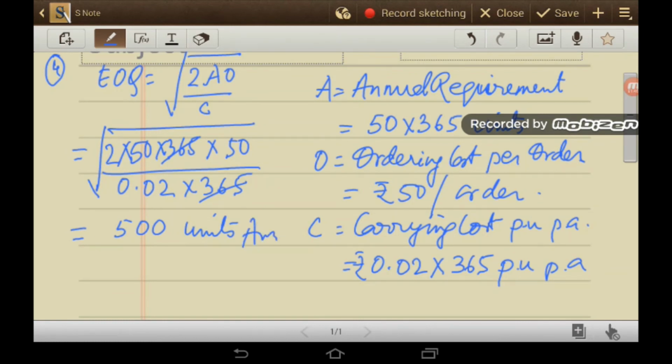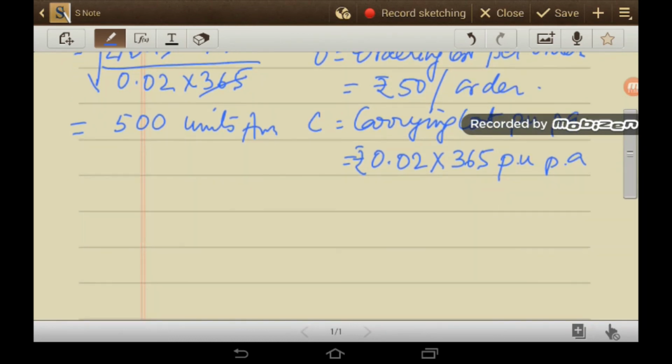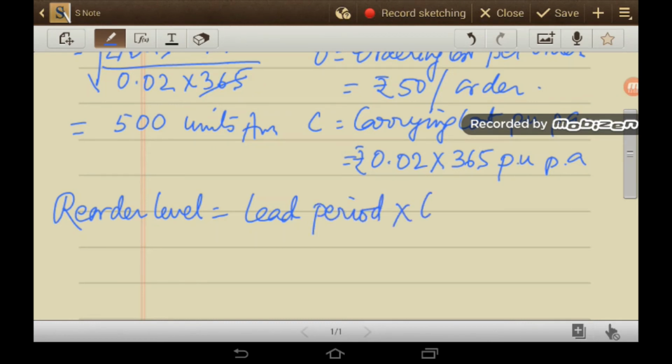The next is the reorder level. Reorder level is equal to lead time consumption, or lead period into consumption per day. So what is lead period? The day on which the order is placed and the day when the order is received.